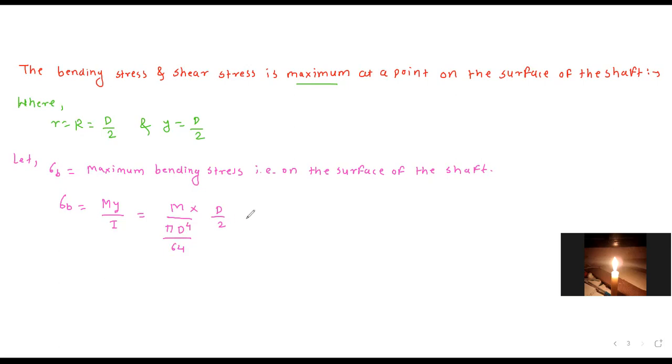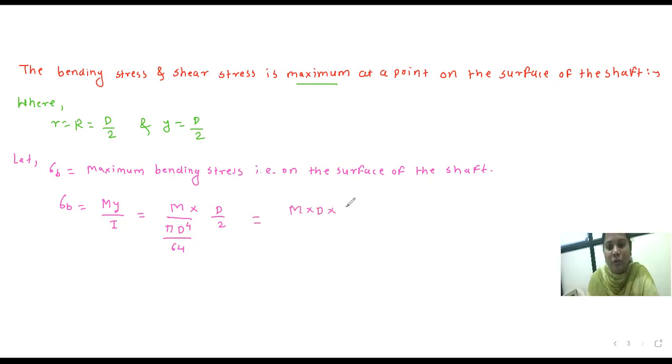Now we will rearrange this equation. So M into D into 64 divided by pi D raised to 4 into 2. One D and one D get cancelled. 2 ones are 2, 2 threes are 6, 2 twos are 4. So what is remaining? 32M divided by pi D cube.